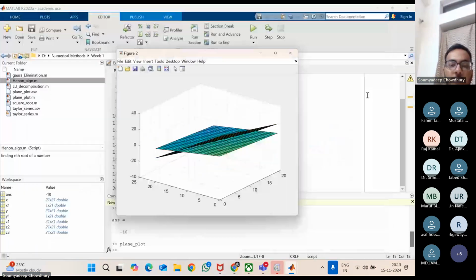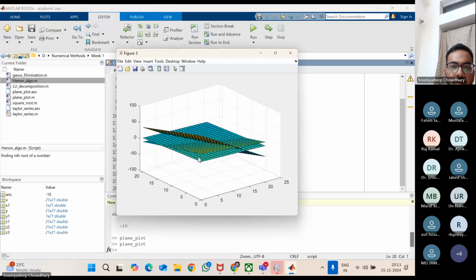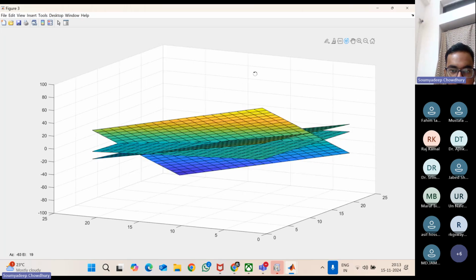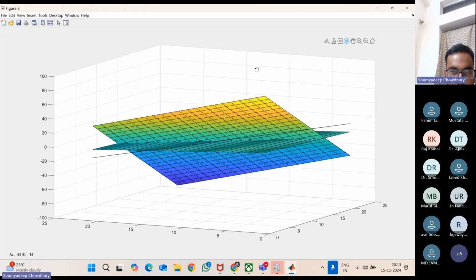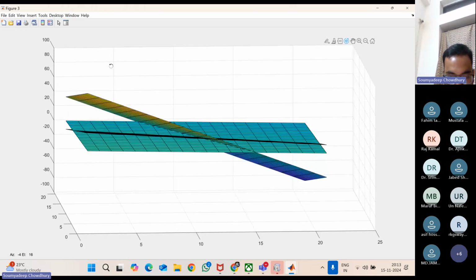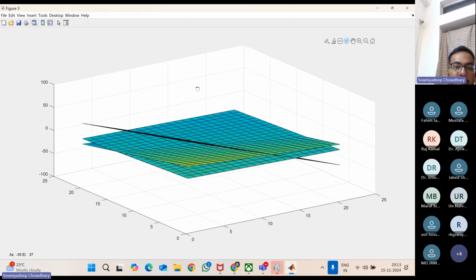Now, if I plot the third plane also, what will happen? This might be a bit difficult to visualize. You can see here three planes are there. And the intersection point is difficult to understand. It is a point, but it is difficult to see, obviously.